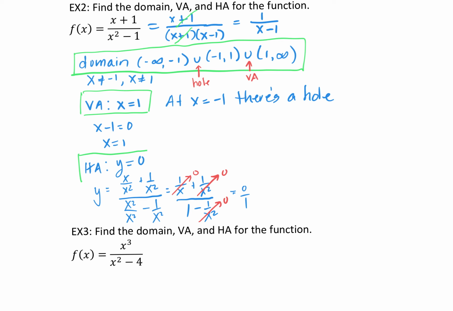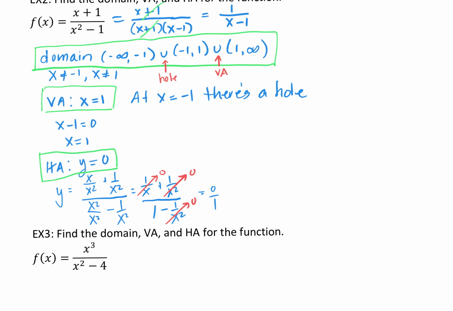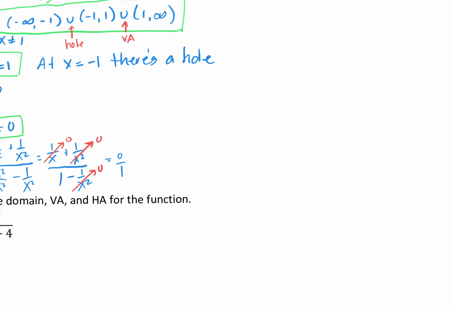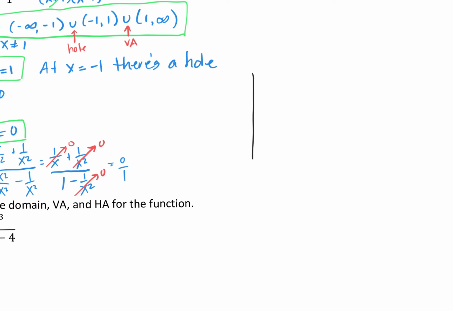So we found the domain, we found all the vertical asymptotes, and we've also found the horizontal asymptote. Now again, you could put this in Desmos, but what I'm going to do is just do a real quick sketch. Remember, we're going to have a vertical asymptote at x is equal to 1.